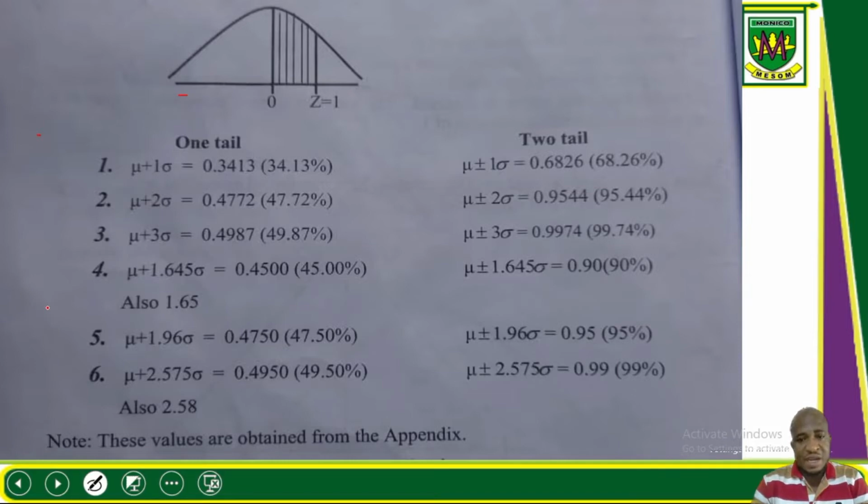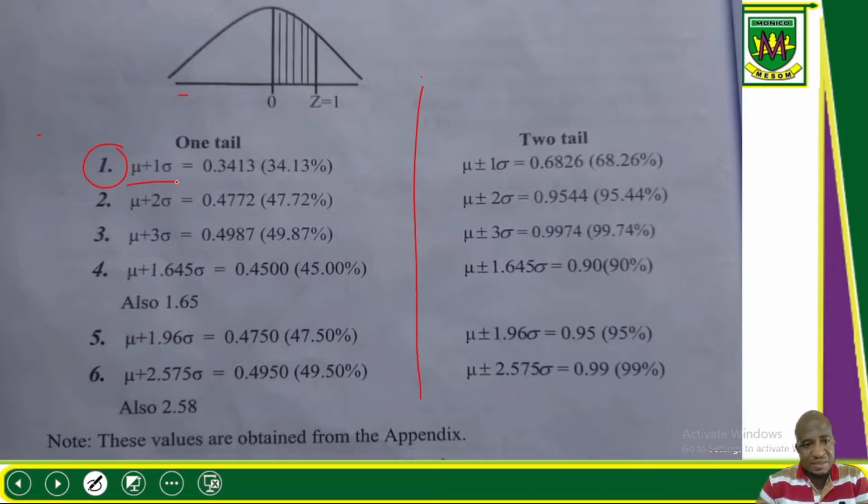Reading from the left, under the one-tailed, we can see the content has been divided into two. We have one-tail, two-tail. So reading from the left, number one is the mean plus one standard deviation units.